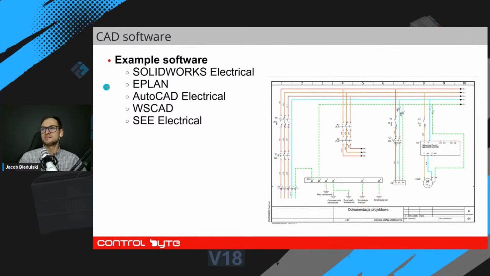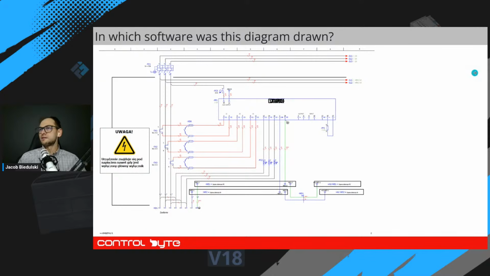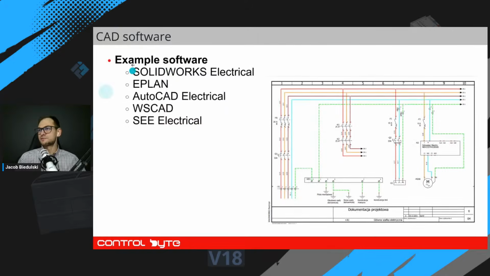The most common ones are ePlan, SolidWorks Electrical, AutoCAD Electrical, WS-CAD, C Electrical. Depending on your location, some of them are used more commonly, some not. So let's start with some examples. Please make a guess in which software this diagram was drawn. You can guess from this list.